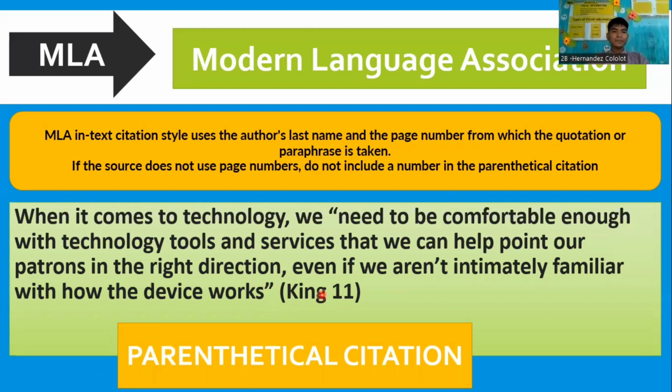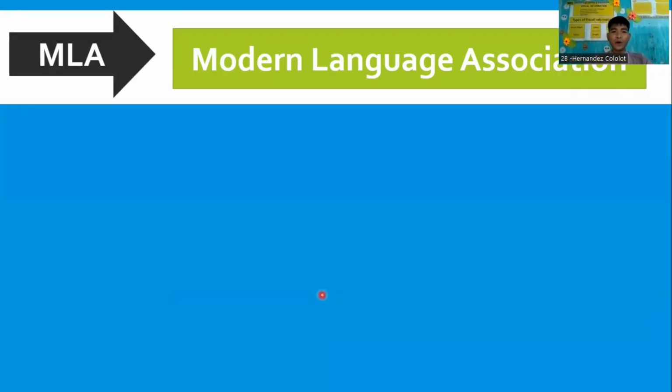Now, since there is parenthetical and narrative citation in APA, in MLA we have the so-called prose citation. Okay, so MLA prose citation is used when the author's name is in the text of the sentence.